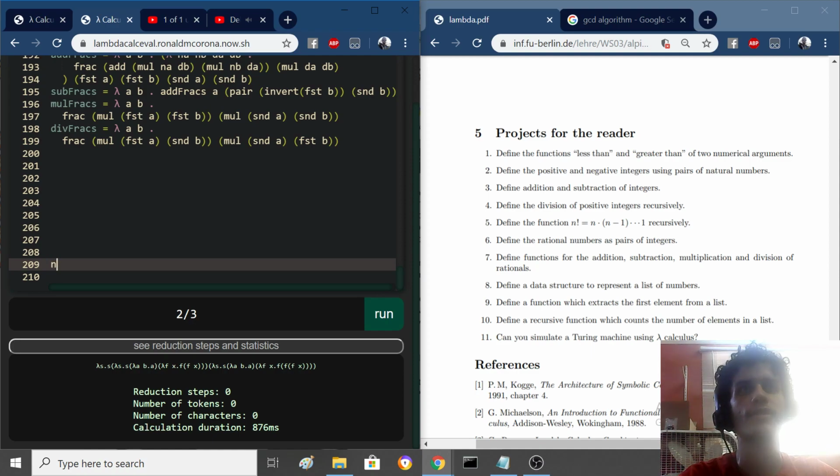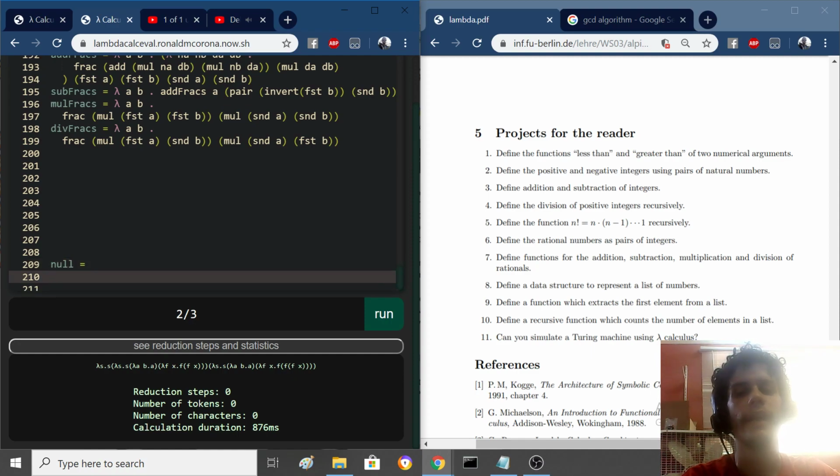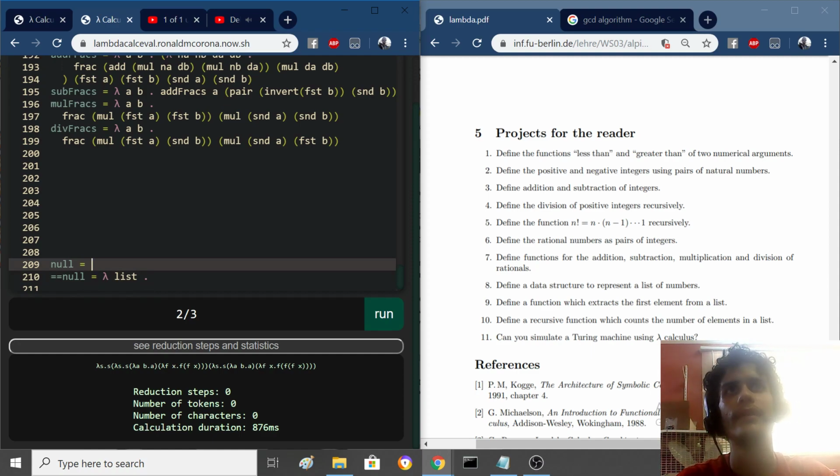So pretty much this is what we need, right? Null is some value that can be used as null, and then a function that tells us if the value or the list is null. So it takes a list and tells us if the list is null or not. If the list is null, then is null will be true.